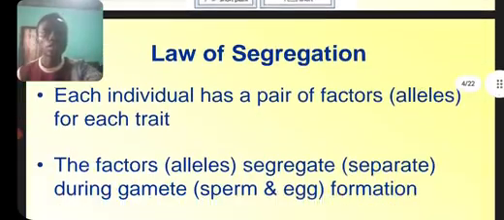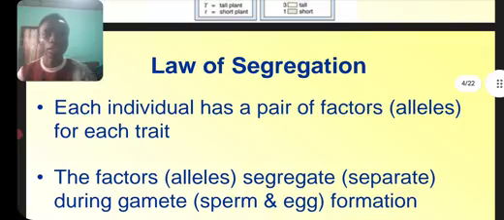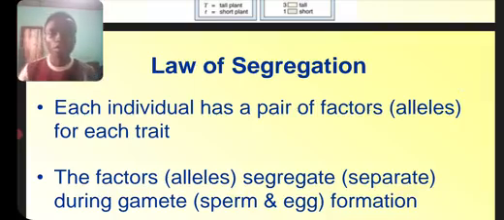So we have the law of segregation, which I told you about earlier. In the law of segregation, each individual has a pair of factors for each trait. These factors are called alleles.